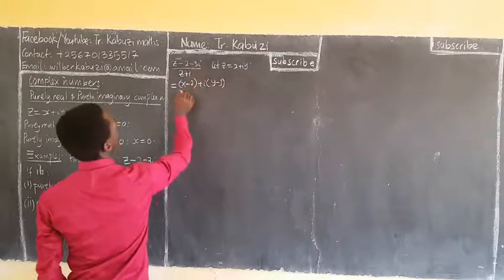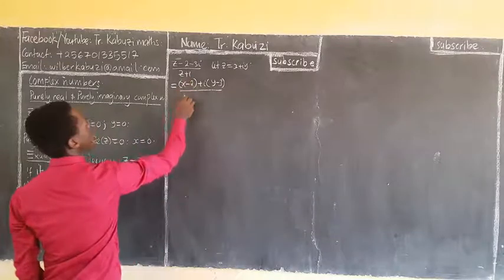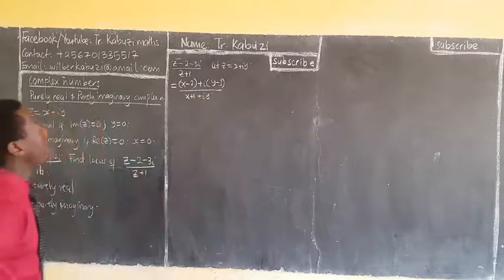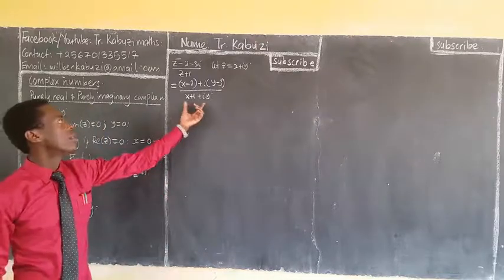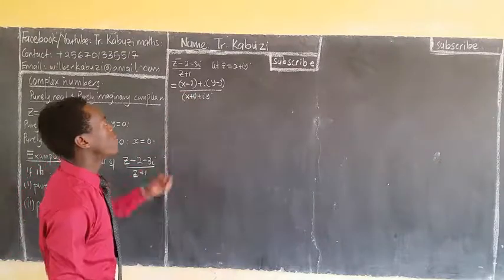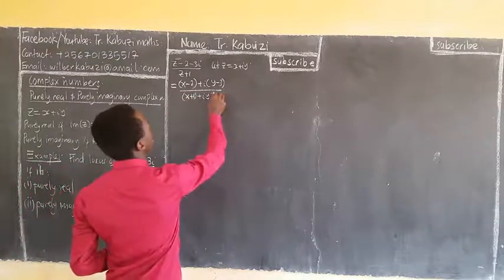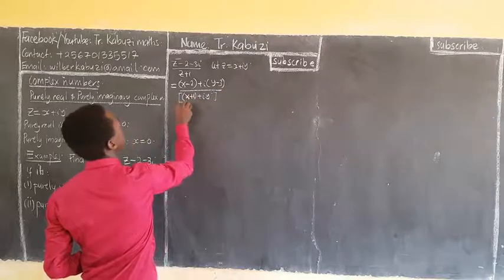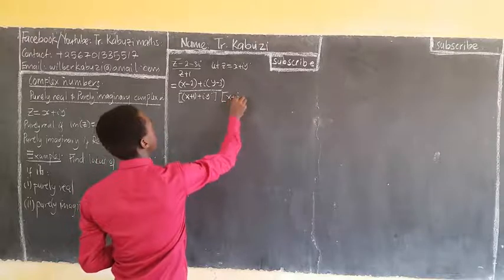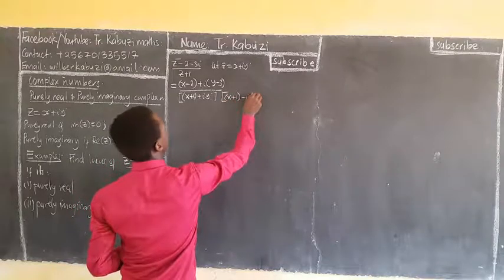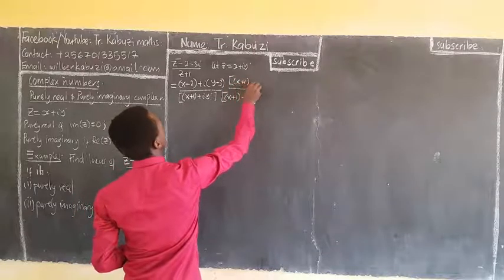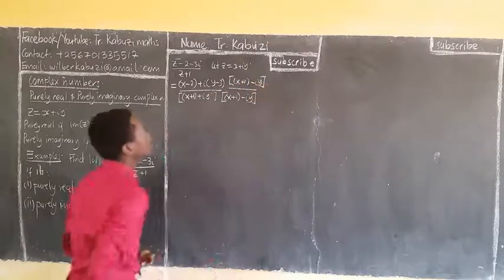Over, the real here is 1, so it will be x plus 1, plus iy. But we don't want i in the denominator. So we rationalize by multiplying by the conjugate of this number, up and down. So the conjugate will be, and also up, the same with the conjugate.